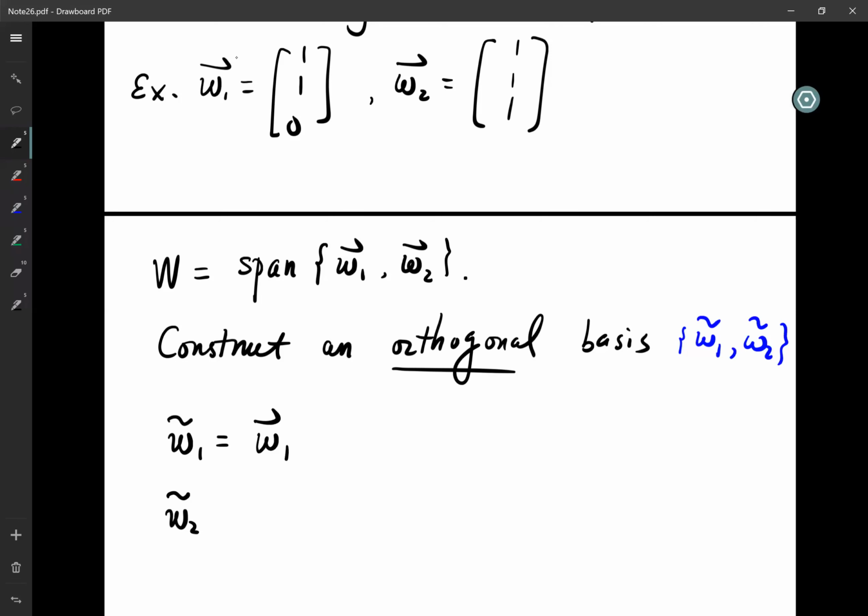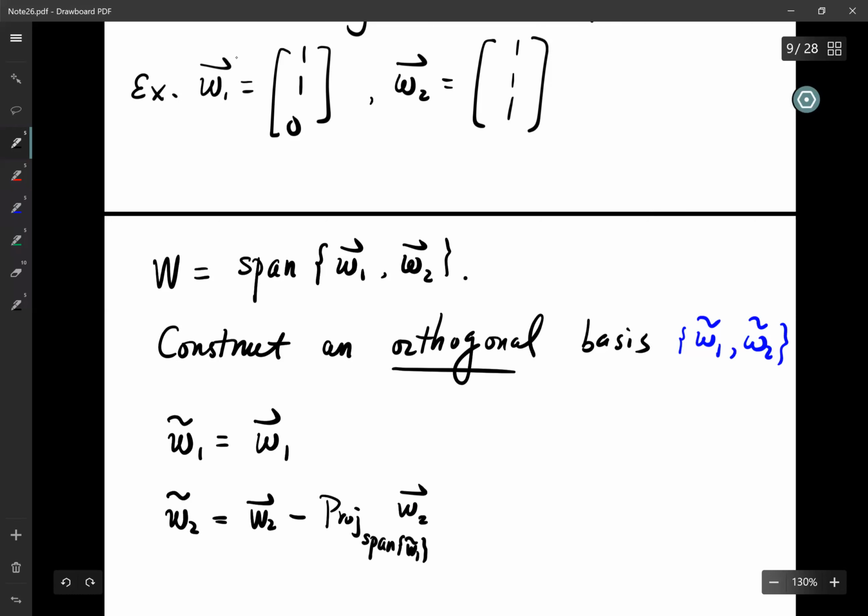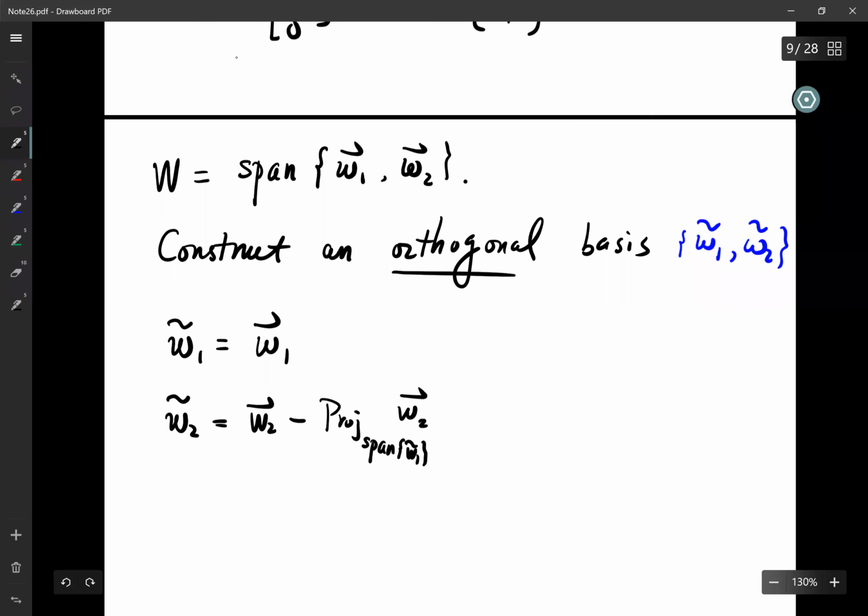I compute W2 minus the projection of W2 on the span of W1 tilde, which is the same as W1.